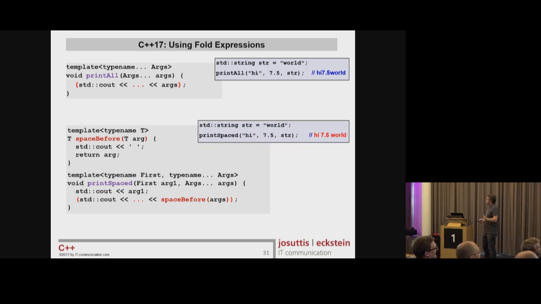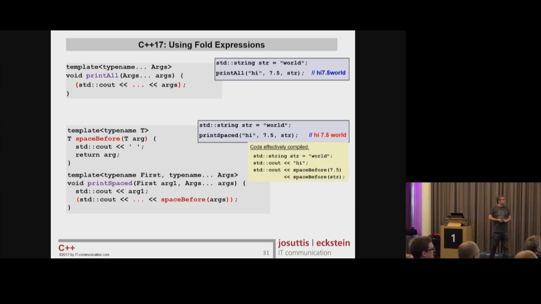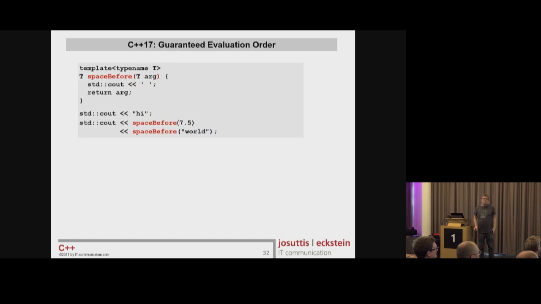So, yes, this works because this effectively compiles to something like this. We print out the first argument, and then for the further arguments we call space before. But wait a minute, there's an issue. If you would have implemented the yellow box here just as a piece of code in C++11 or 14, you have 2 different possible outputs.